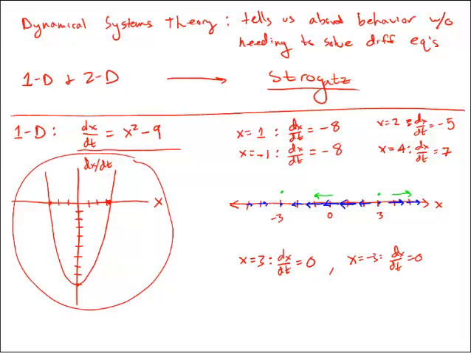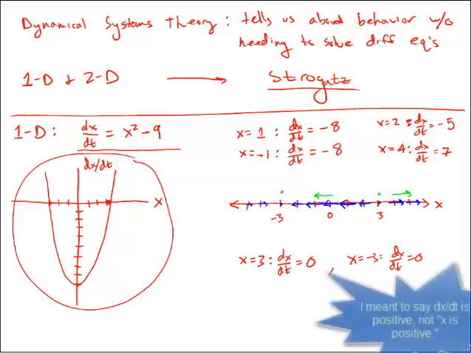Now, how would we actually characterize our picture? If I were to call you on the phone and tell you what picture I just drew for this dynamical system, how would I tell you what's going on? Well, I'd probably say that when x is greater than 3, dx/dt is positive, so x moves to the right. And when x is between minus 3 and 3, dx/dt is negative, so x moves to the left.